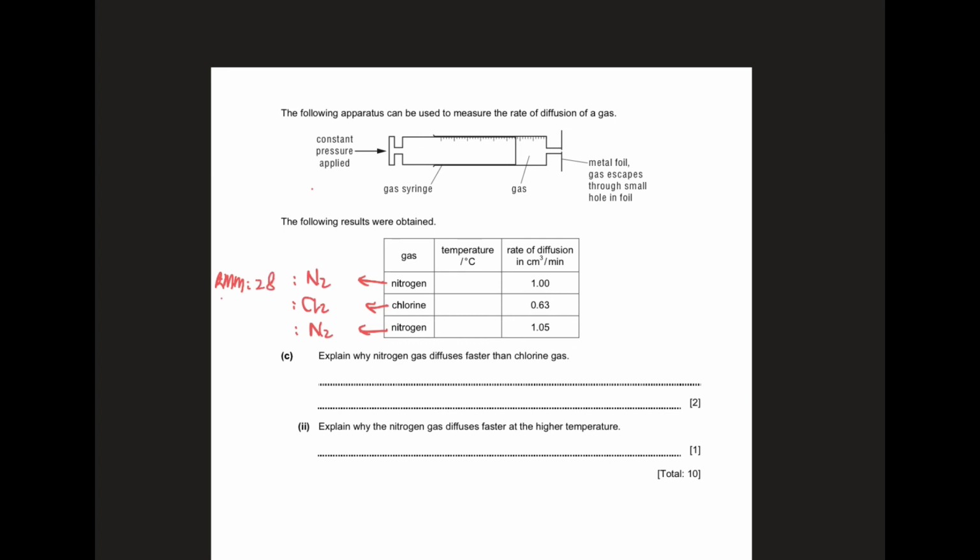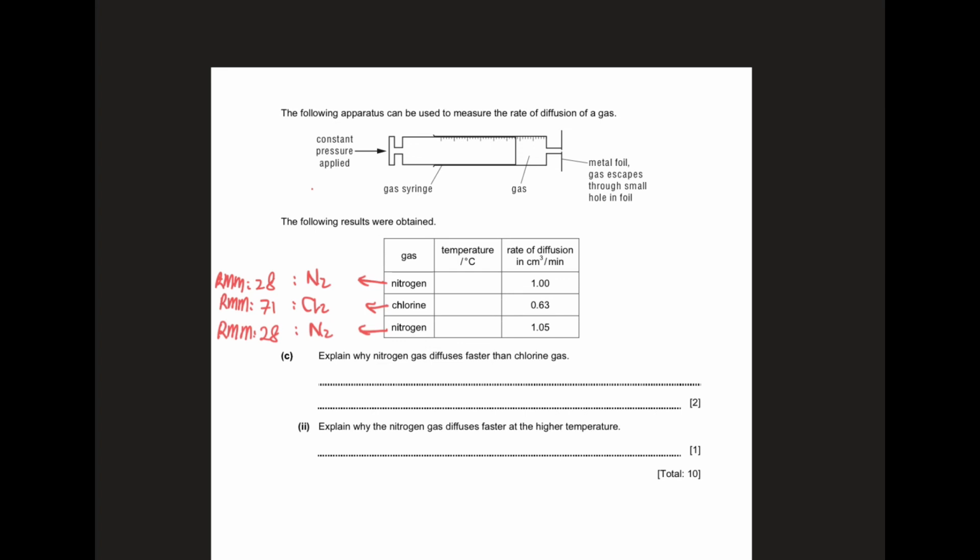Relative molecular mass for chlorine, 35.5 times 2 is 71. So relative molecular mass for nitrogen, again, this is 28. And after that, it is reasonably true, this is heavier. If it's heavier, the rate of diffusion should be lower. So if these 2 have the same mass but have different rates of diffusion, where this one has the higher rate of diffusion, you should expect the temperature to be higher. So we get some idea why they leave us blank and what we can predict.